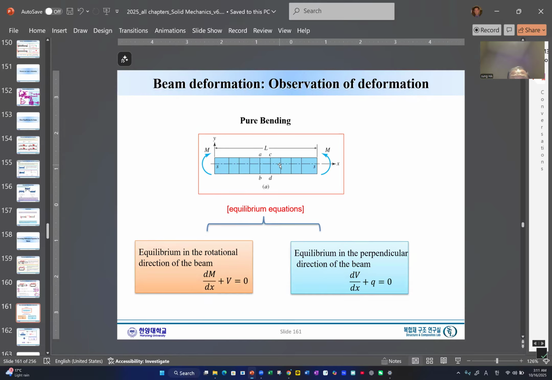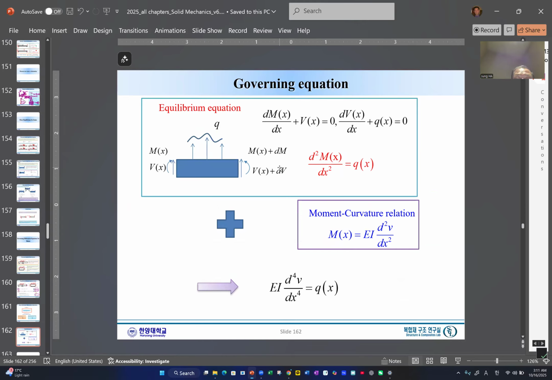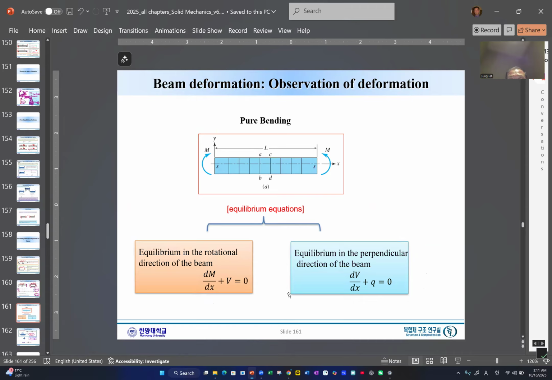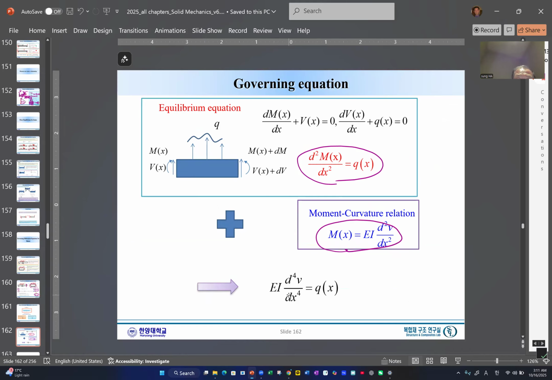And okay, this is the same as that. Now combining all these, see, we had this one. These two equations came from these two equilibria, because the force will be in equilibrium in the y direction and the moment will be in equilibrium. So this is one, and then combining this, we have this.